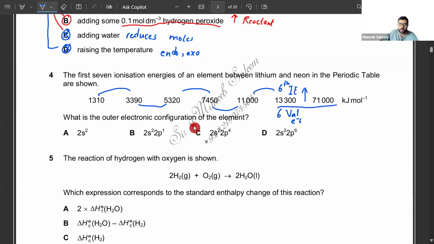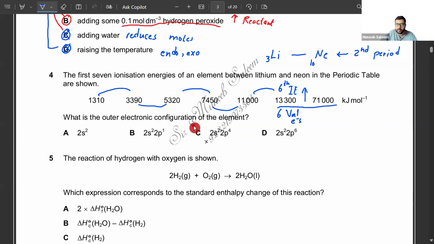We are also saying that the element is present somewhere between lithium and neon. Lithium is atomic number 3, neon is atomic number 10. If there are 6 valence electrons, then the electronic configuration should have 6 electrons in its valence shell, because these two elements belong to the second period of the periodic table.